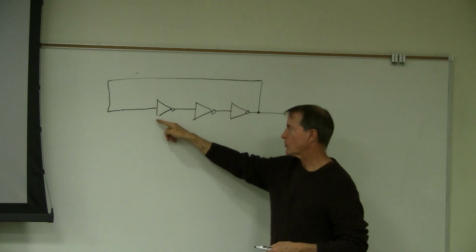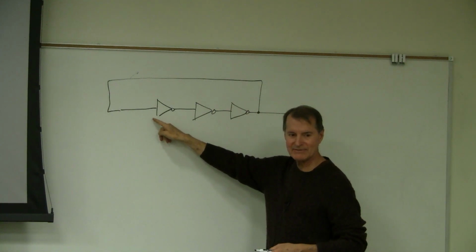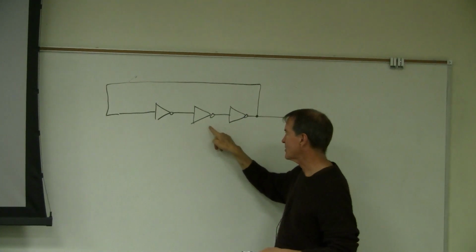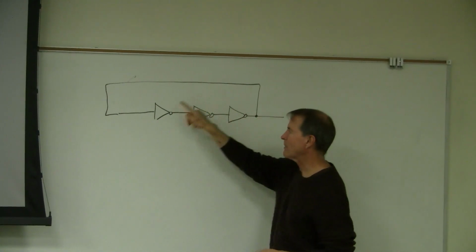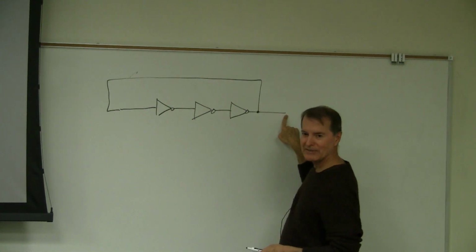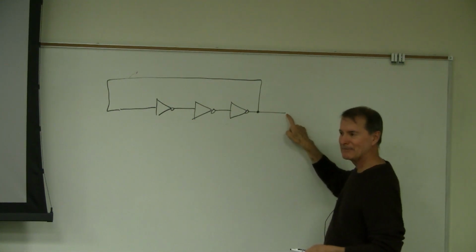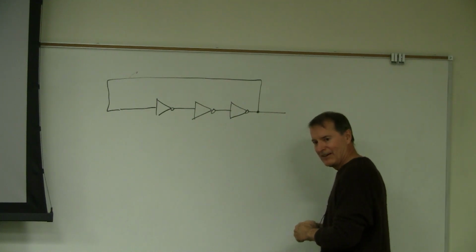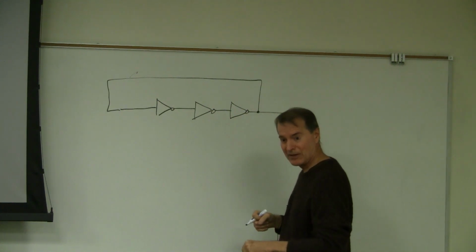You could hook this one to this one, and this one to this one, and then you could take this one and hook it back to this one, right? What do you suppose would happen if you put this on the light? It would blink. Yeah, you're right. It would blink.